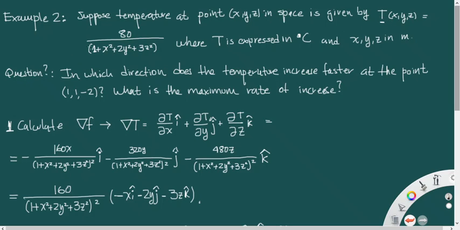This is equal to 80 divided by 1 plus the value of x squared plus 2 times the value of y squared plus 3 times the value of z squared. So this is the expression that will give us the temperature in any point in a three-dimensional space.